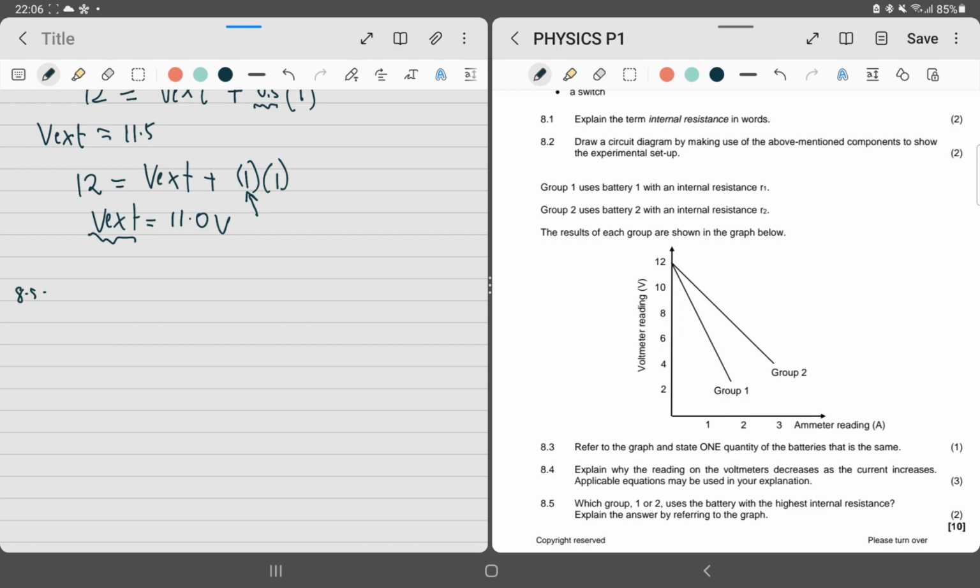So the graph that is the steepest will give you the highest value of the internal resistance. So that will be group 1. Because the graph is steeper.